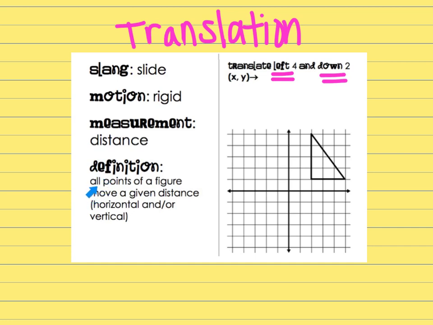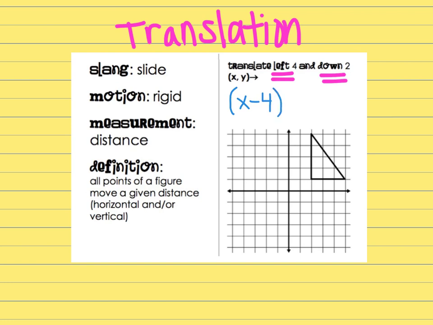The definitions just mean that all the points of the figure are going to move a specific distance, either horizontally or vertically. So this particular rule says it's going to go left 4 and then down 2. For me to go left 4, anytime on a number line I'm going left, that means I'm going to take away. So if I were to write this rule underneath where it says left 4, that's going to translate the x value; if I go left 4, it would be subtracting 4.